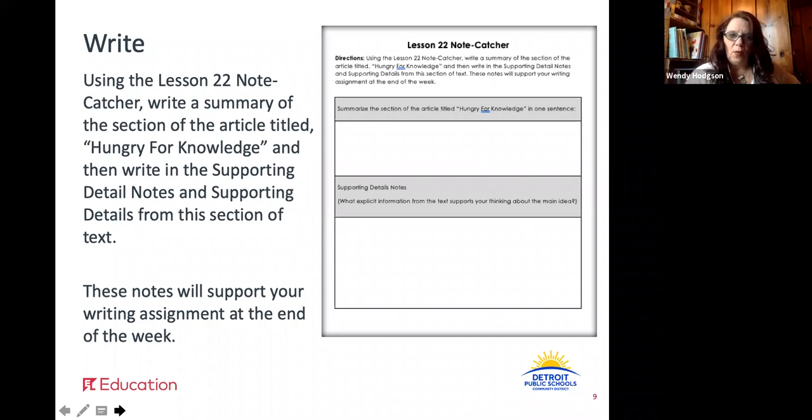So you're going to write a summary of that section and then write in these supporting detail notes, a couple of things that are specifically addressed to support your summary. So what is that section about? And then write some supporting details. So you've read it, you've talked about it, and now you're going to write about it.